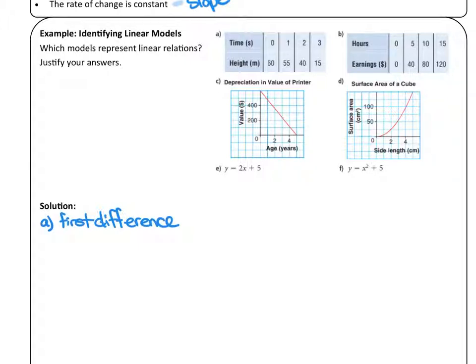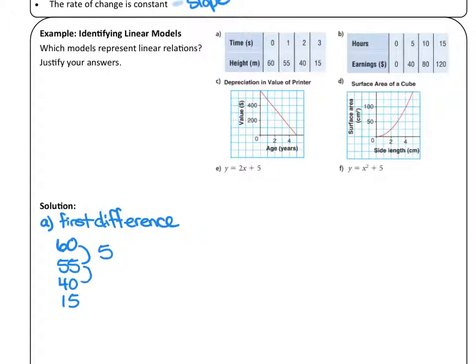So the first one, we have 60, 55, 40, and 15. And the one to choose is usually the one with time, something that's consistent and goes up at the same time all the time. The other one might not be. So that's usually the one I choose. So when you do the differences, you're just going to subtract one from the other. So the difference between 60 and 55 is 5.